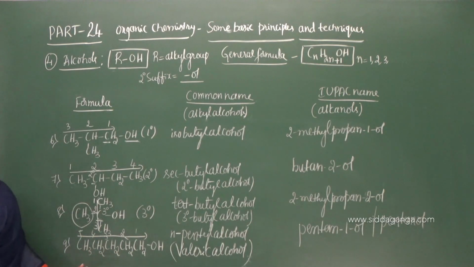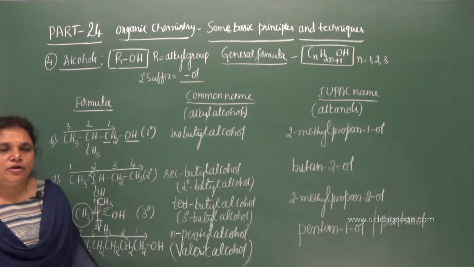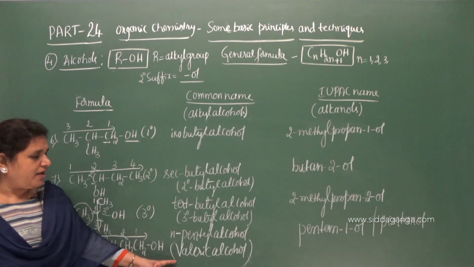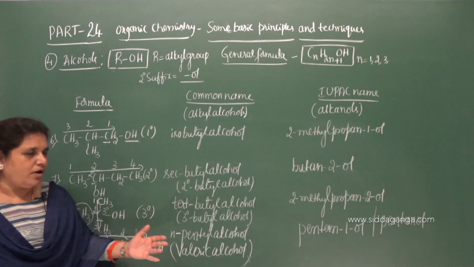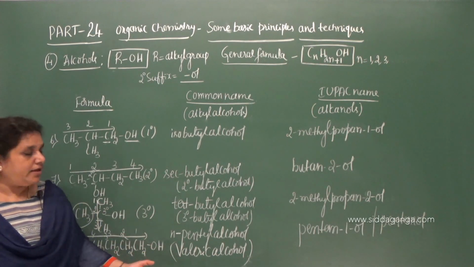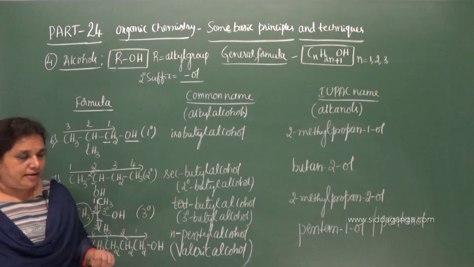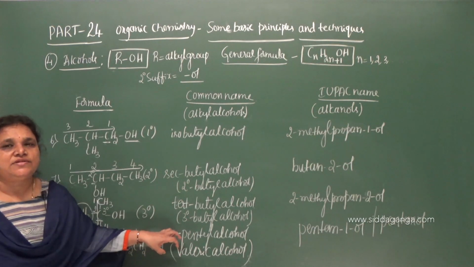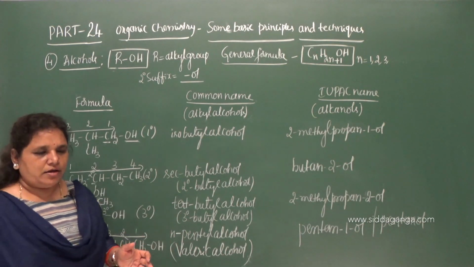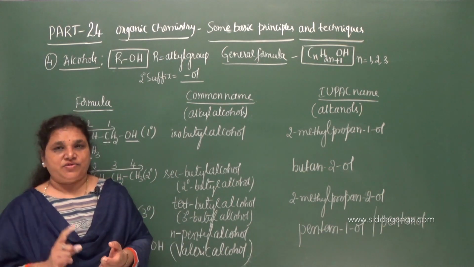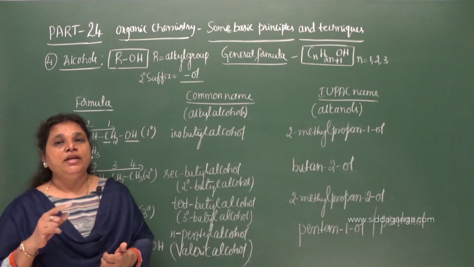When 5 carbon atoms are there in an alkyl group, you can name it as a valeric derivative, valeric alcohol, valeraldehyde, valeric acid, like that you can give the name. If you move on with pentyl derivatives, you can write isopentyl, secondary pentyl and tertiary pentyl, and even neopentyl.